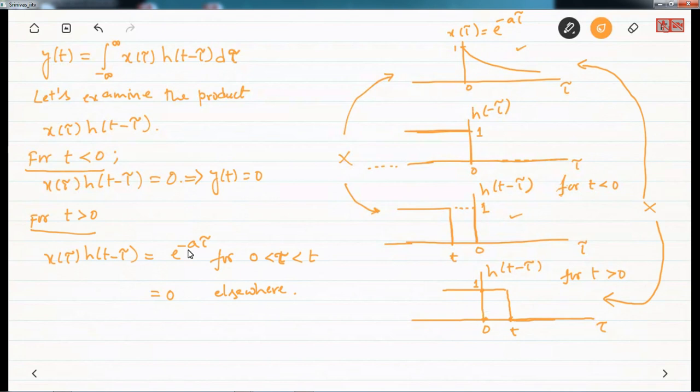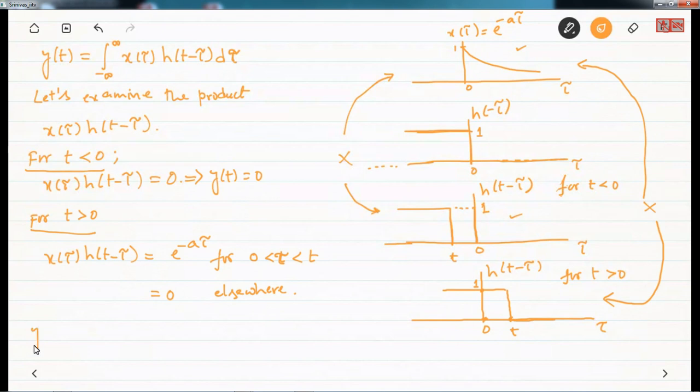So this product of x of tau with h of t minus tau, right, is non-zero only for this.